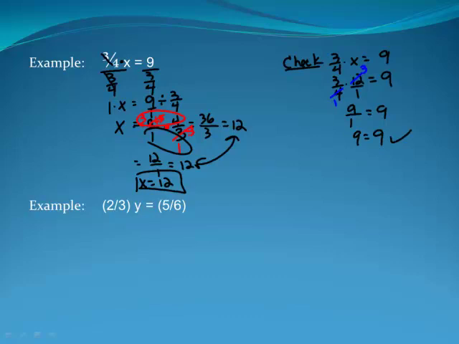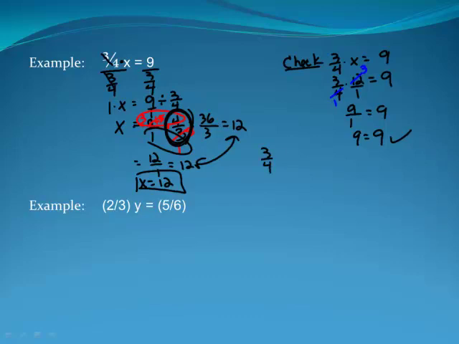The shortcut to that problem is this. If you have a fraction that is being multiplied to your variable, notice that as you do these steps, what you eventually do is you end up multiplying both sides by the reciprocal of the fraction. So a shortcut way to do that problem would be this.